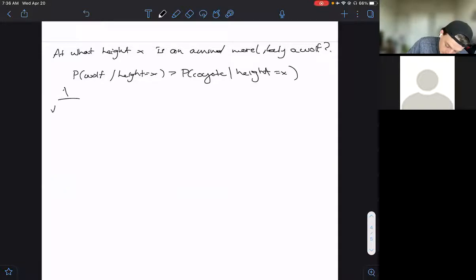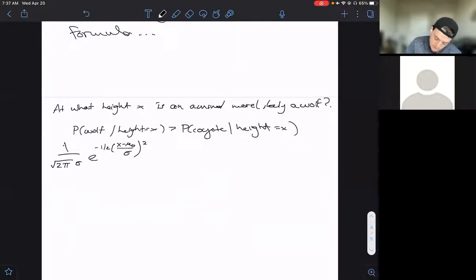1 over 2 pi, and there's a sigma in here too. We've got e to the negative 1/2 of the x that we care to find. We've got the mu of the wolf, and then we also have the same sigma from before, and that's squared. So let's box this guy.